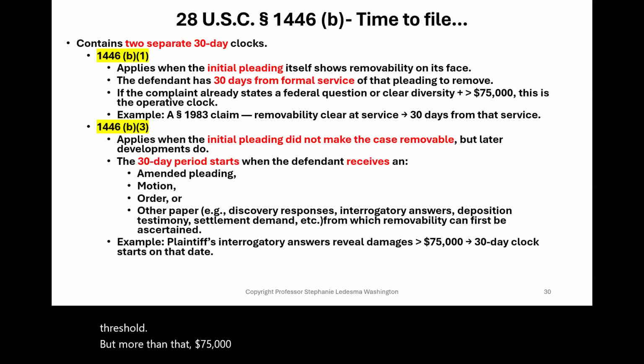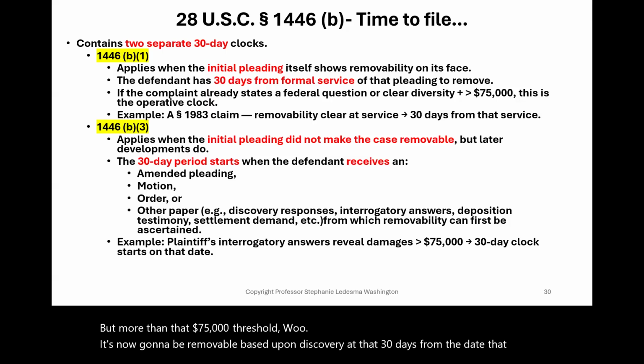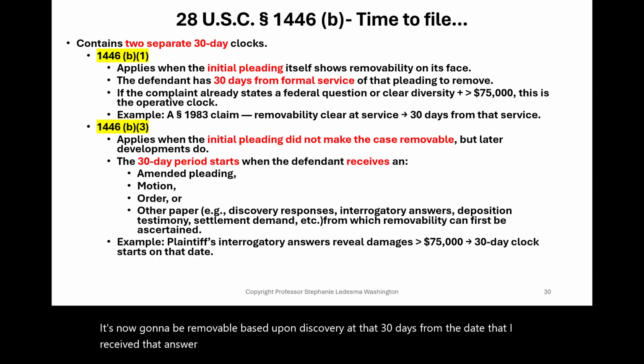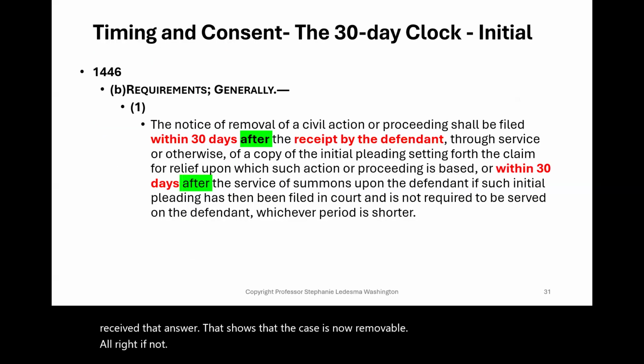Whoa, it's now going to be removable based upon discovery. I've got 30 days from the date that I received that answer that shows that the case is now removable. Get it? All right. If not, stop the video, rewind, take your time. It's there. And I want to make sure it's there.